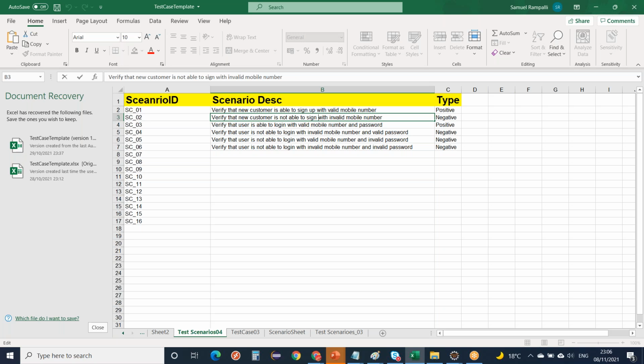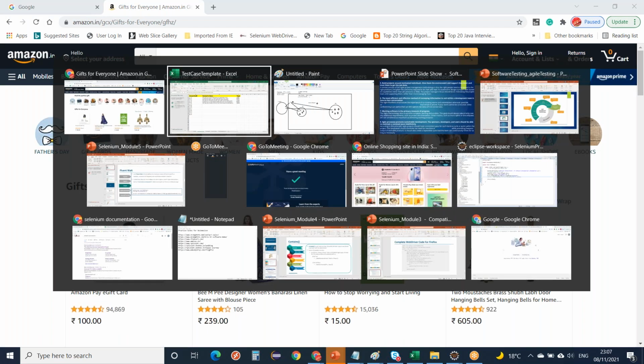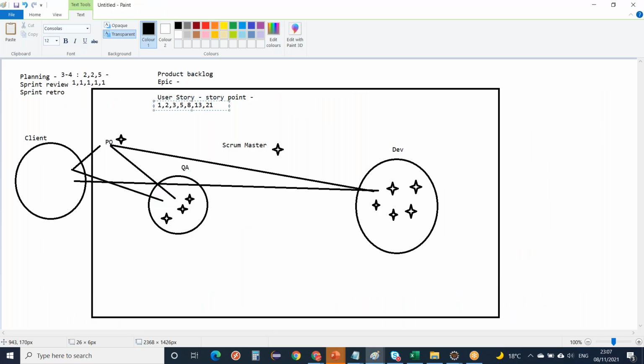So how your product owner is writing, or how they are asking you to write, how your client is asking you to write, that way you will be writing. There is no particular exact rule, so you should know the definition of it, how to use it, and what is the logic behind it, then you will be able to use it in any case, however your client is asking you to work. So here and there, little flexibilities.